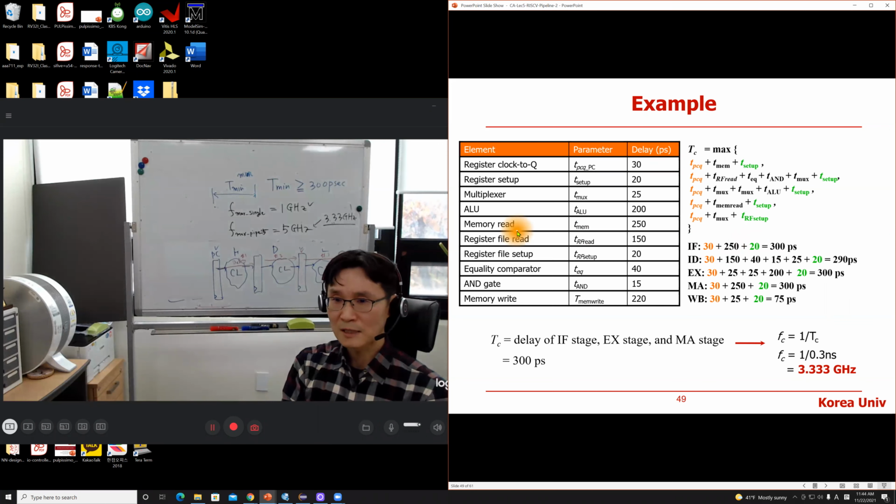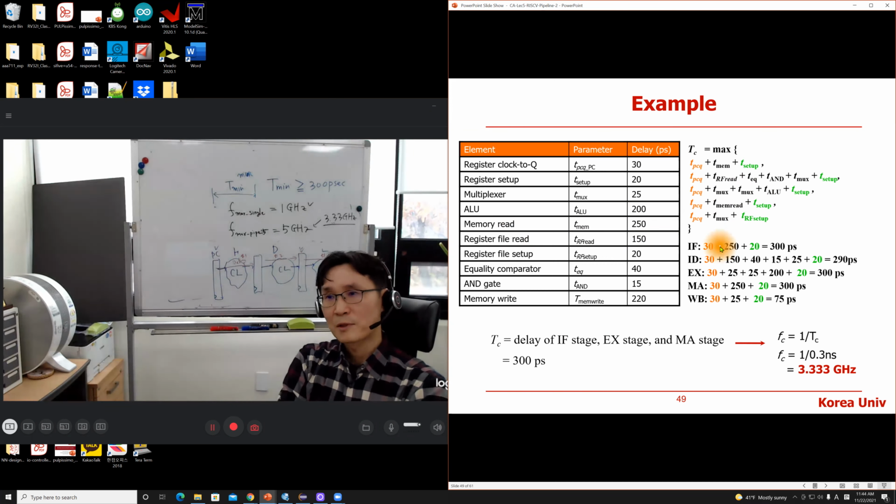Memory access delay. That means you cannot do much, right? Because the memory access delay is already 250, so you cannot reduce that number anymore, right? So in this case, you cannot do much.